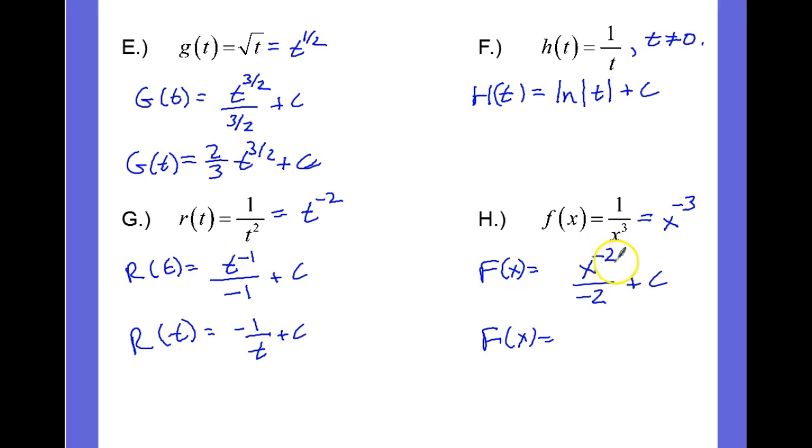So if we did power times base down 1, negative 2 times x to the negative 3 over negative 2, the negative 2's cancel, we get x to the negative 3, which is 1 over x cubed. So it works. So let's rewrite this as negative 1 over 2x squared. We'll just go ahead and get rid of the negative exponents and move that down to the bottom.